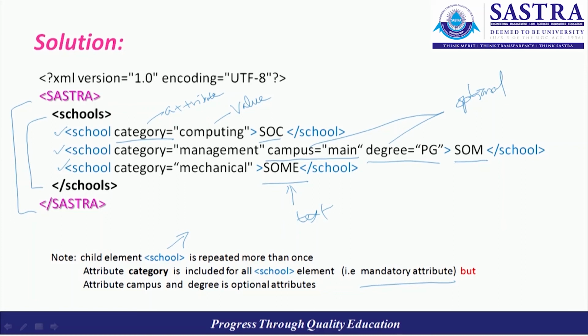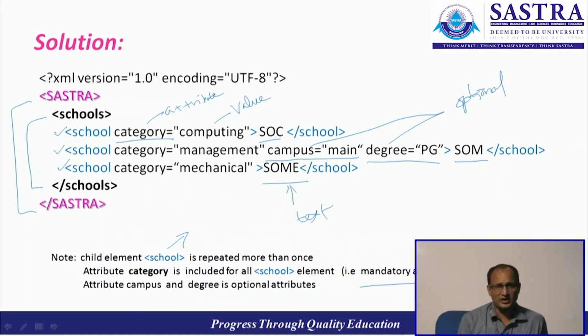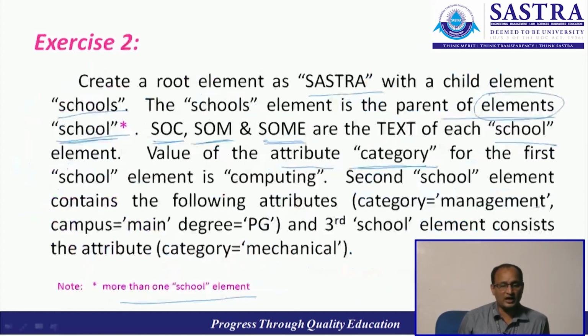We have a keyword and a provision for making this kind of restriction on an XML document. So, DTD or schema are the tools used for making this kind of representation, and campus and degree are optional attributes because these two attributes are not included for the first as well as the third one. That is what I can say, these are the two optional attributes.